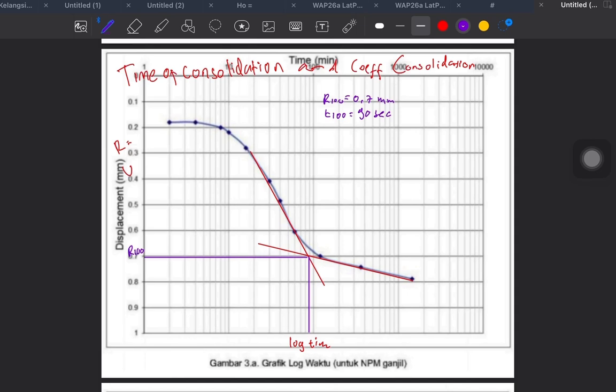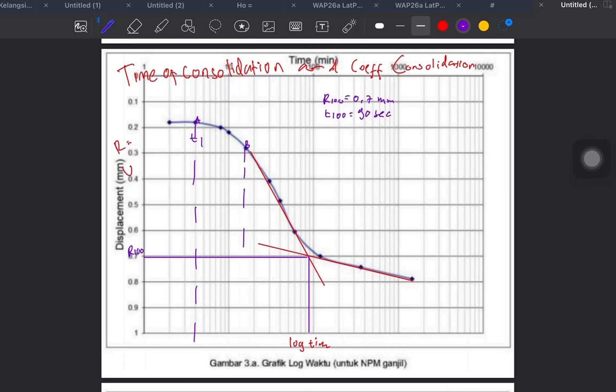Next, you can choose 2 points, point A and point B. Point A is the T1 and point B is 4 times T1.